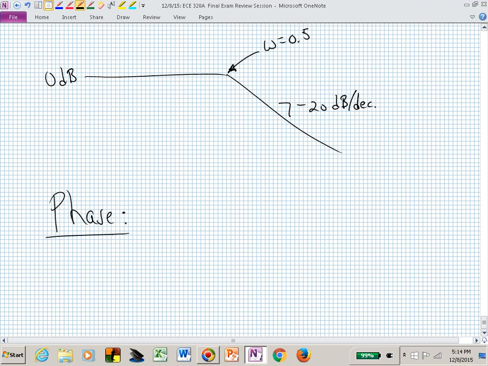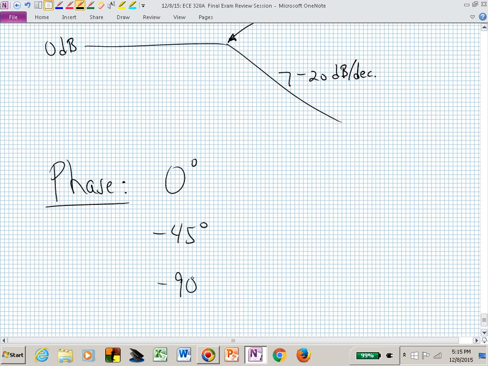What about the phase? Now you go into your fairy tales, don't you? The phase is Goldilocks. There's 3 frequencies that we keep track of, and that now tells us for a single pole factor, it tells us these 3 limiting conditions: 0, minus 45, and minus 90. Where are we at?